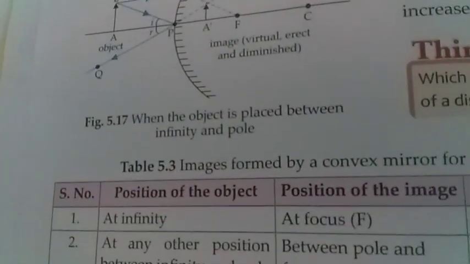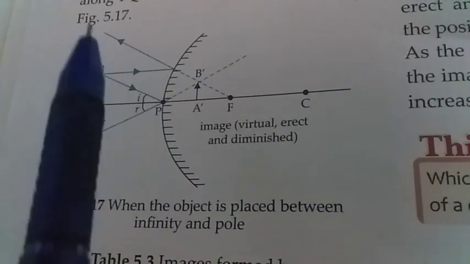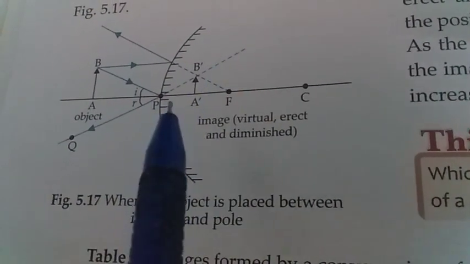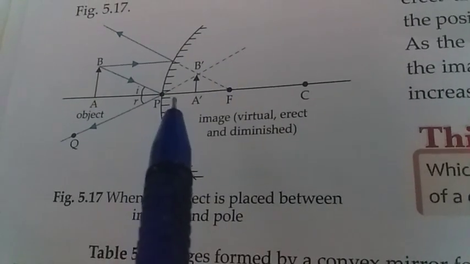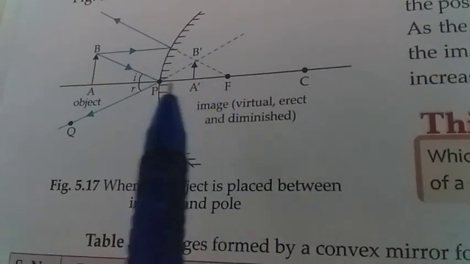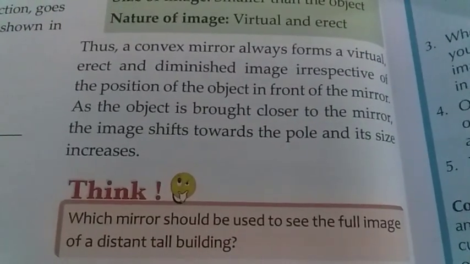Now what type of image is formed? Now this image formed is virtual. These two rays actually do not intersect, but they appear to intersect when they are extended behind the mirror. Now what have we concluded here?